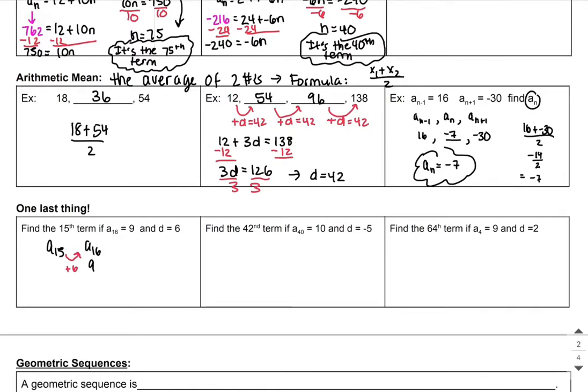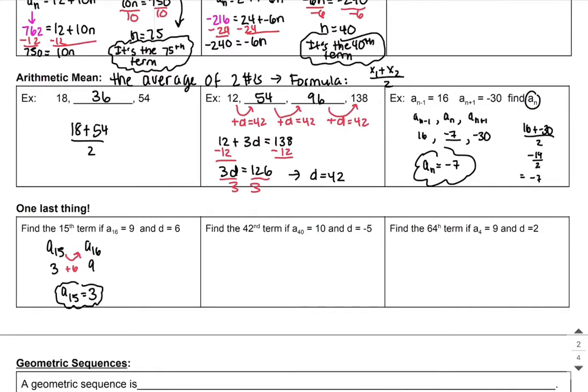And that means that to get backwards from 9, or from a sub 16 to 15, I would be subtracting 6. And when I subtract 6, I would get 3. So a sub 15 is equal to 3. I would have to add 6 to 3 to get 9. So I'm using the recursive definition there.